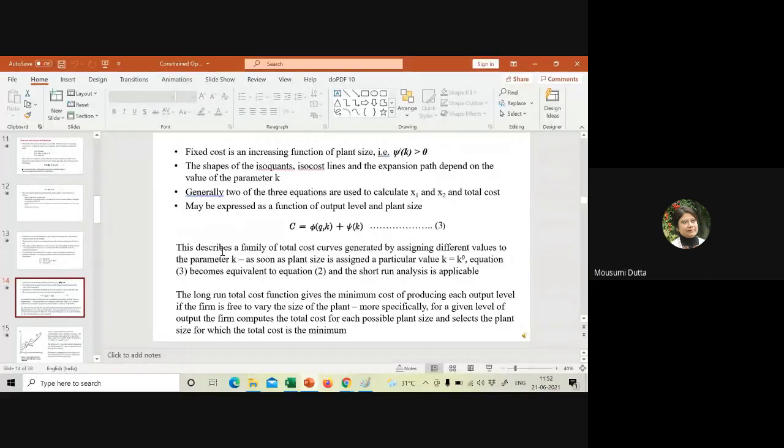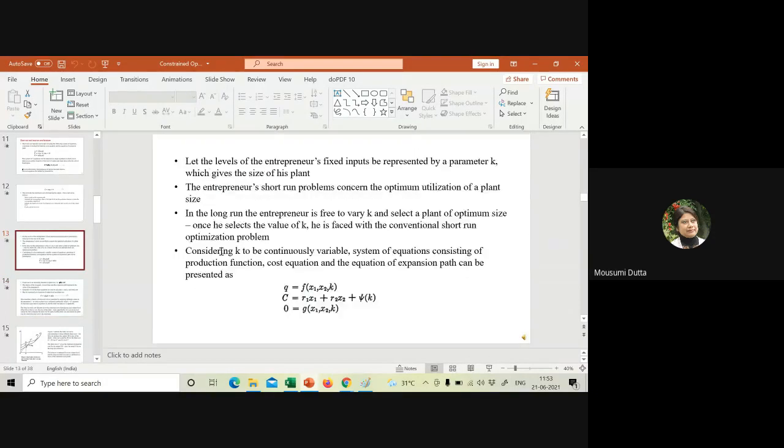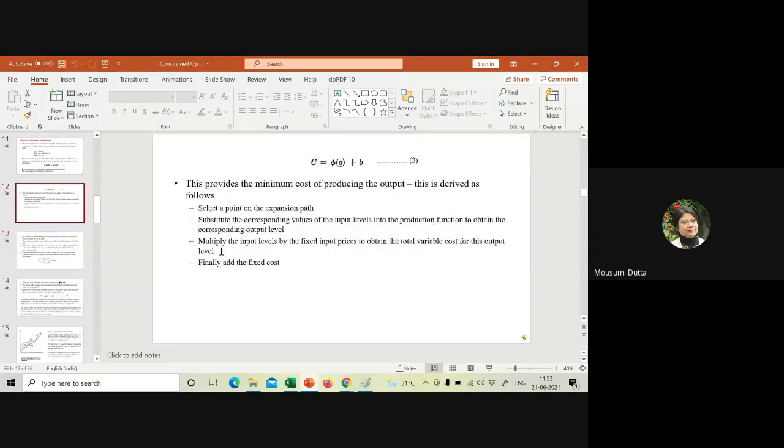So what we are saying is that as long as C is a function of Q, K plus psi K, it is a long run cost function because K is continuously variable. However, if a firm selects a particular plant size, that is K equal to K naught, then equation 3 will be rewritten just like equation 2.